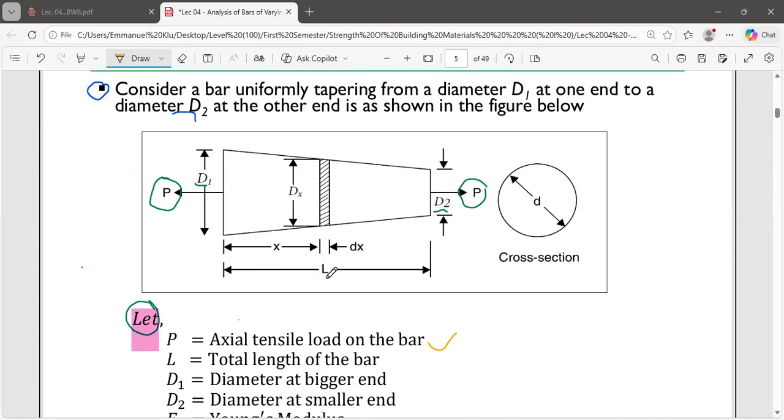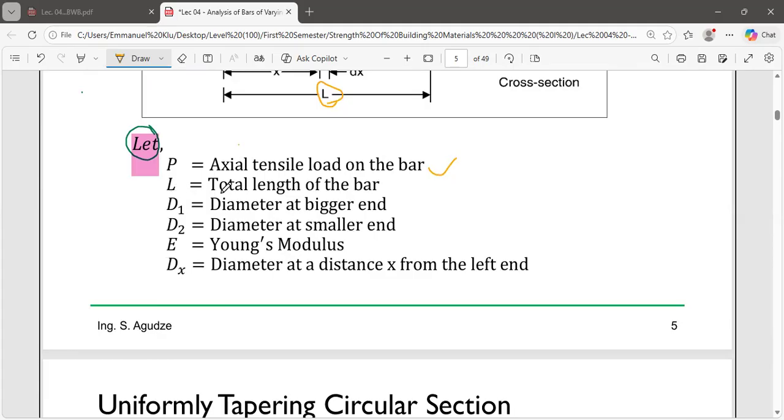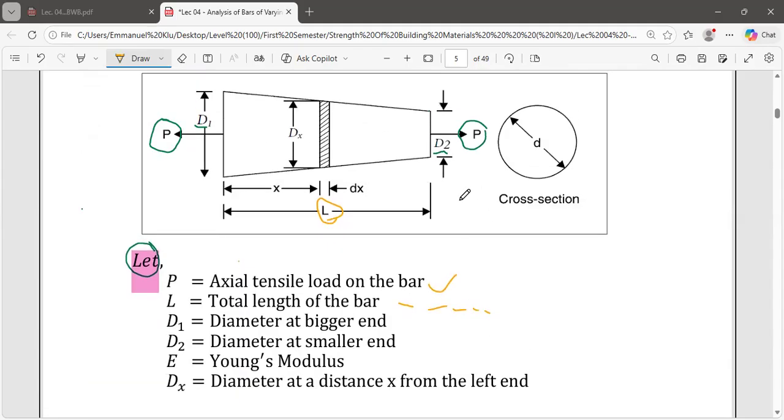L is the overall length of the bar, as shown here, that is, the original length of the bar. D1 is the diameter at the bigger end, and D2 is the diameter at the smaller end.